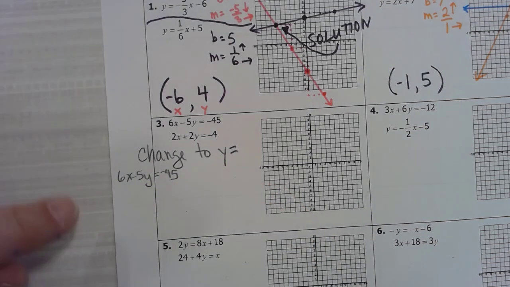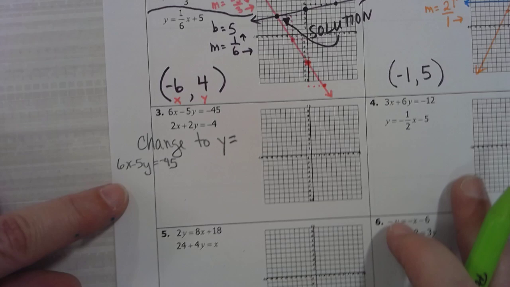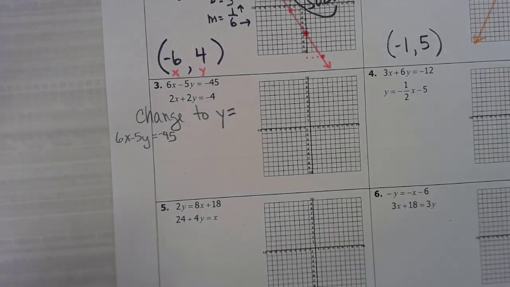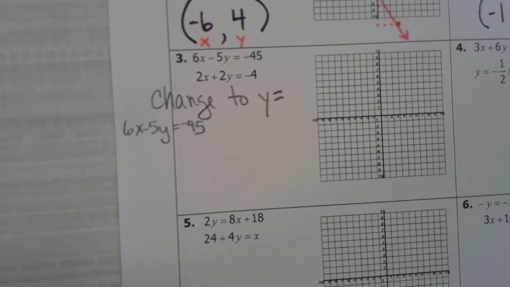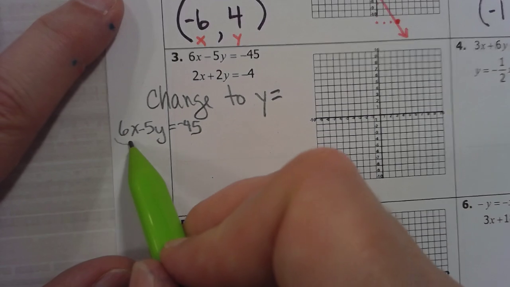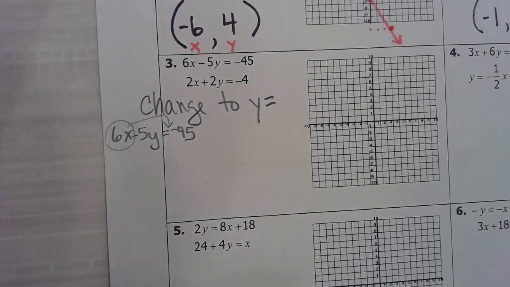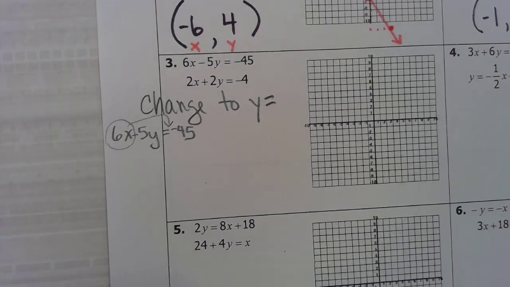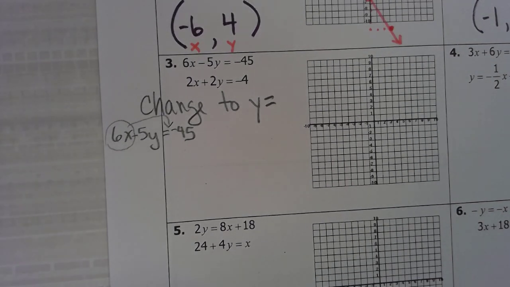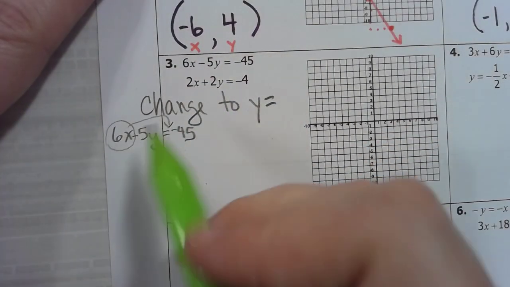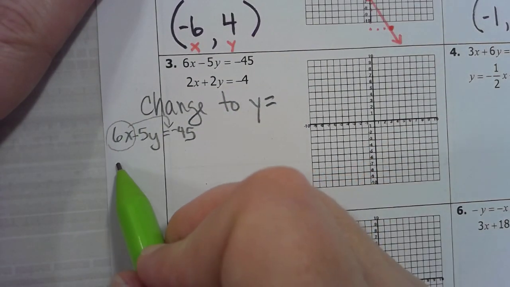If this is my equation and I want y to be by itself, what do we need to get rid of? The 6x. When I move that 6x to the other side, we have to make it negative. I saw people on the test moving things over the equal sign and leaving it the same sign. We can't do that. If we move it across the equal sign, we have to change the sign.